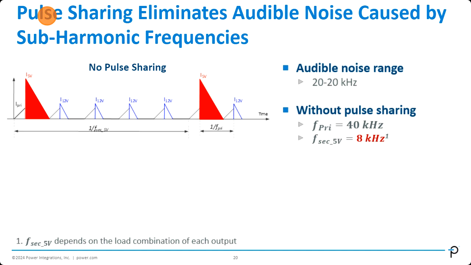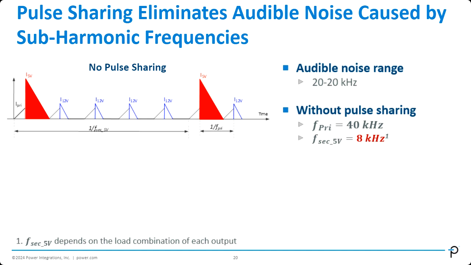the audible noise caused by something called sub-harmonic frequency. So what is sub-harmonic frequency? Let's have a look first. So here I have again the example of a 5-volt and 12-volt design here. So like I said, InnoMux-2 works differently than other flybacks where it only delivers power to the output that's requesting it.